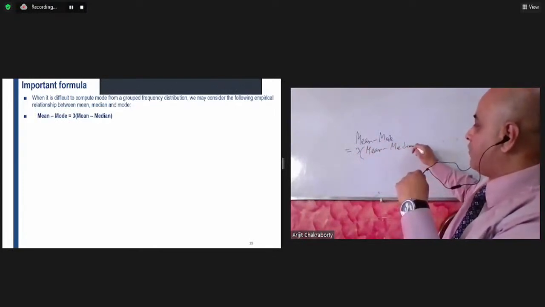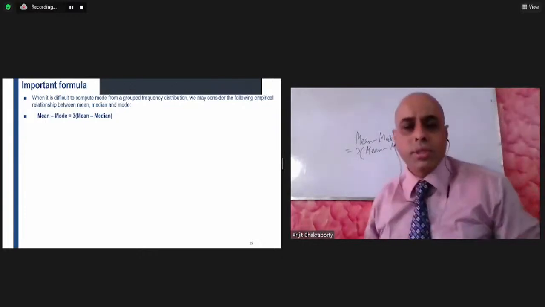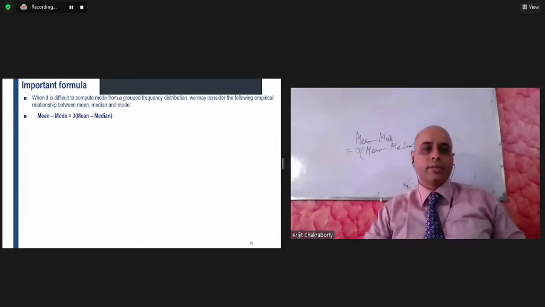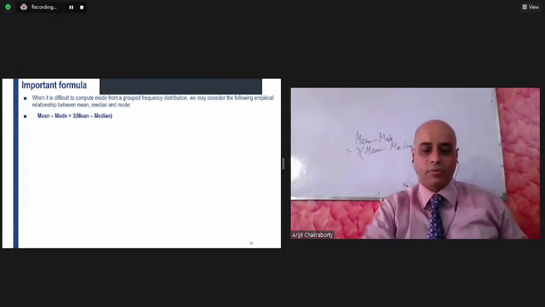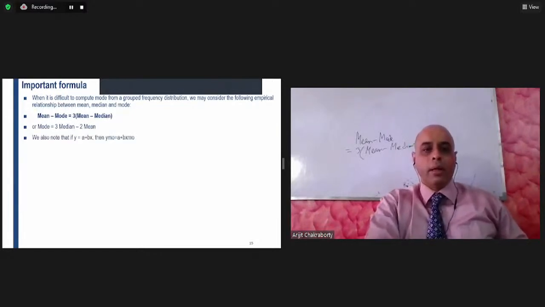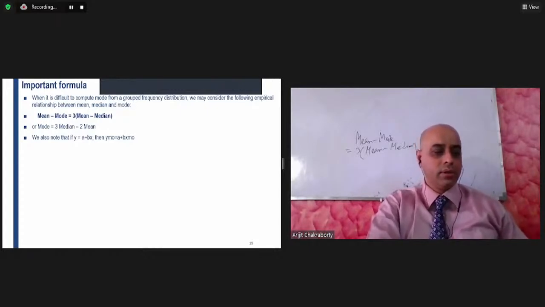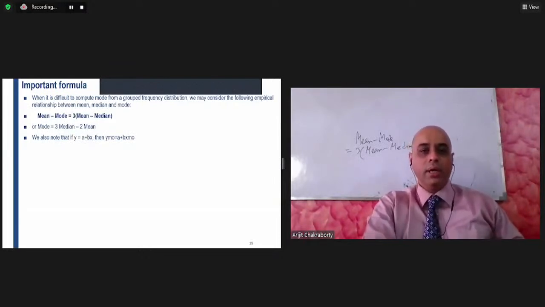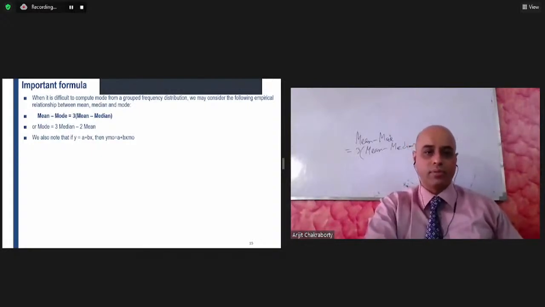You will get almost in every exam, at least one question expected from this formula. Also please note that if there is a relation y equal to a plus bx, then the mode of y will be equal to a plus b into mode of x. So these two are very, very important formulas.